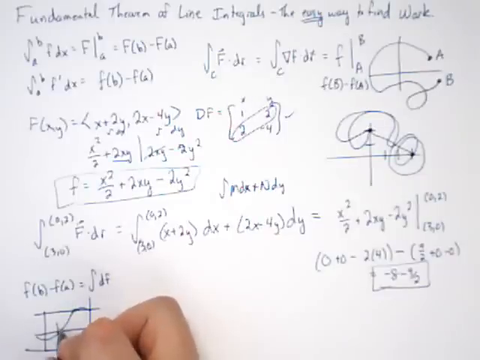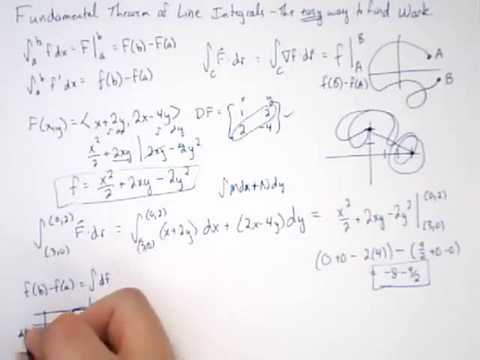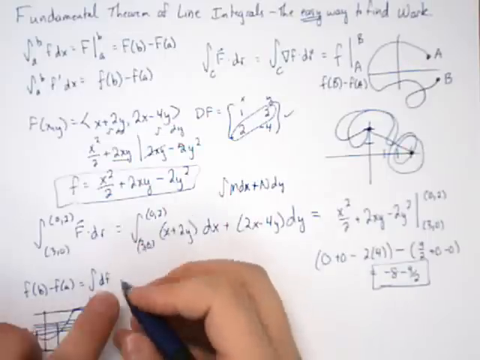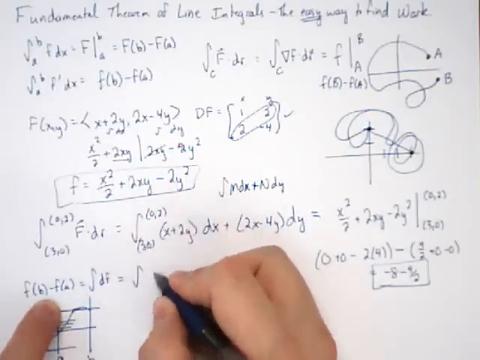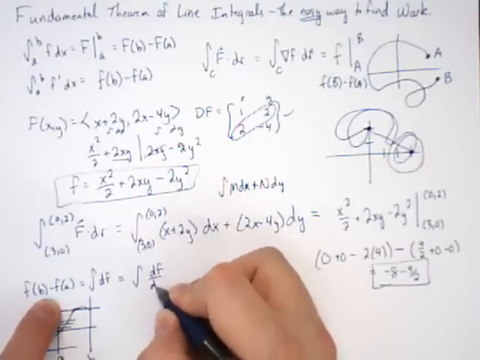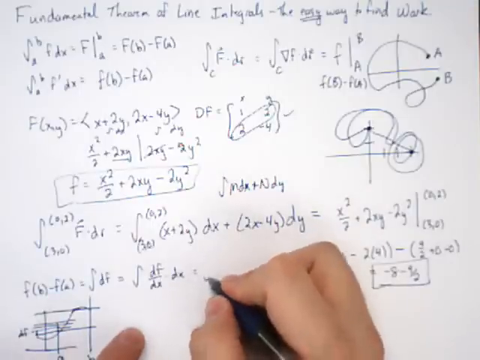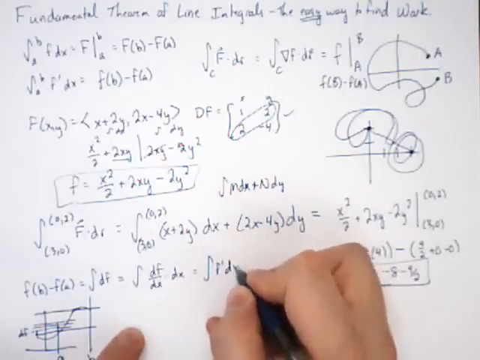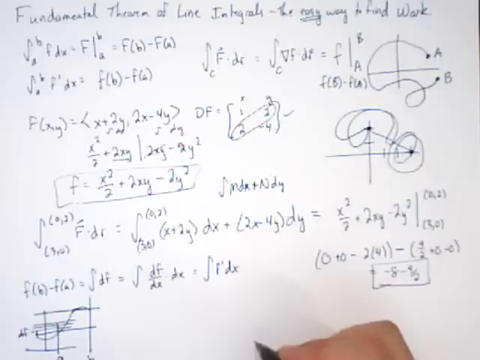If I found the little differences, and I call that df, and I add all those up, I should get the total difference. This is the same thing as doing df/dx times dx, which really means you're adding up f prime dx. That's essentially a proof of the fundamental theorem of calculus.